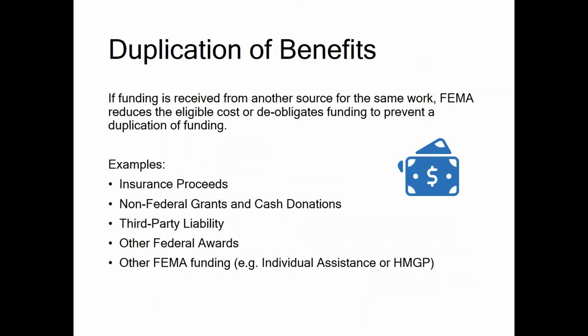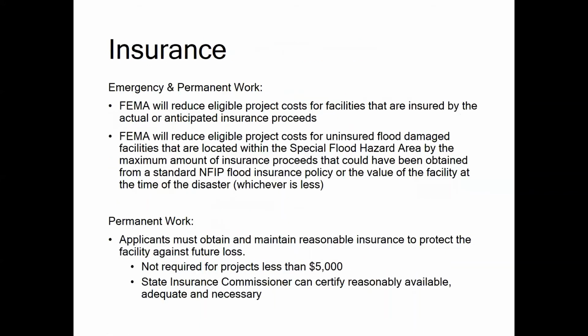FEMA is legally prohibited from duplicating benefits from other sources. If an applicant receives funding from another source for the same work, FEMA reduces the eligible cost to prevent a duplication of benefits. FEMA will reduce eligible project costs for facilities that are insured by the actual or anticipated insurance proceeds.